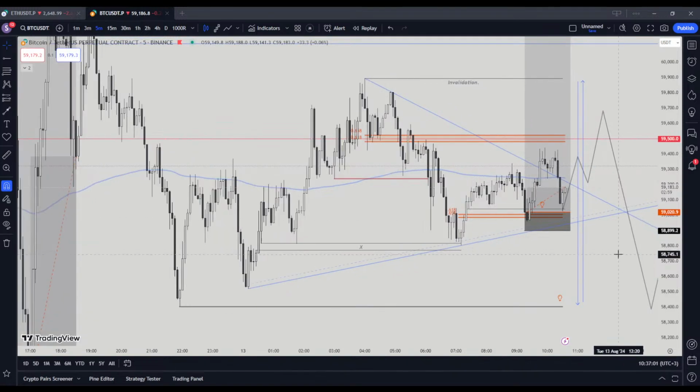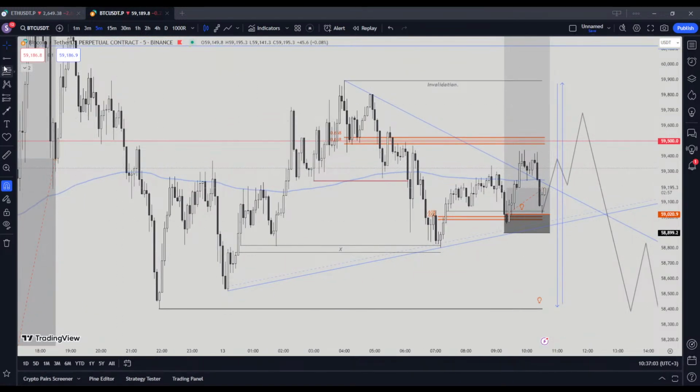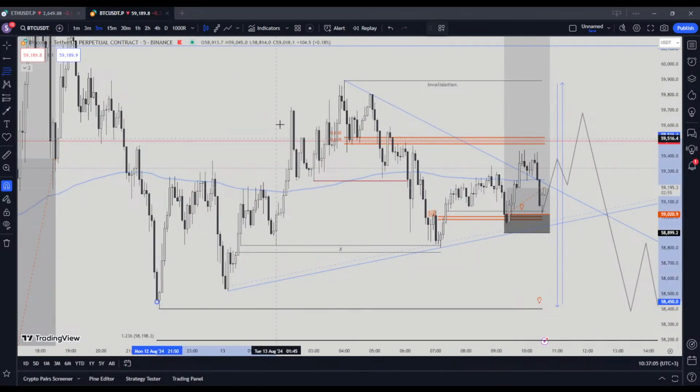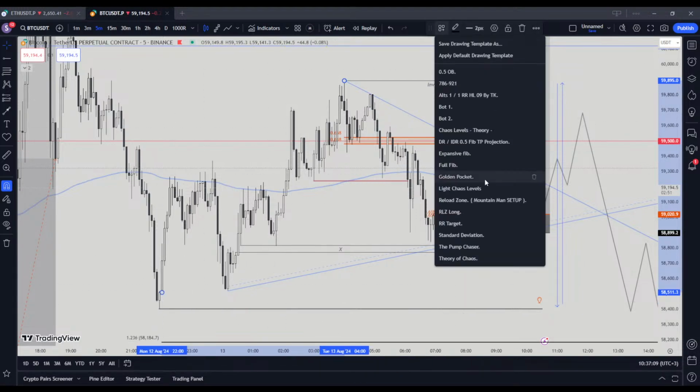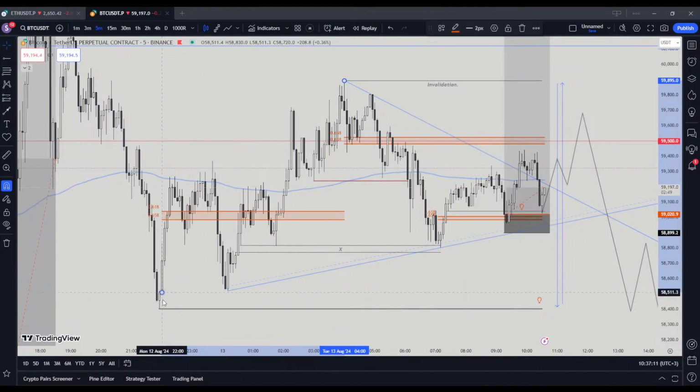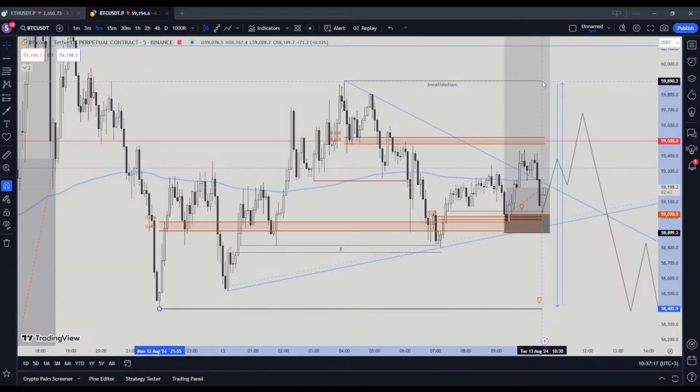If we zoom in a little bit more, we see that price had a nice reaction from 61.8 of the whole range. And this is why I took this long here, because I saw the initial bounce and I took the retest.